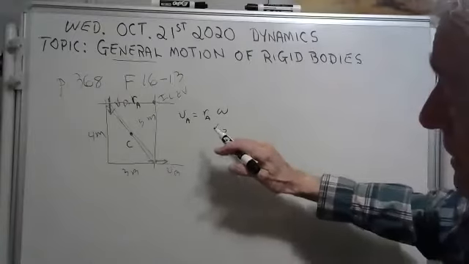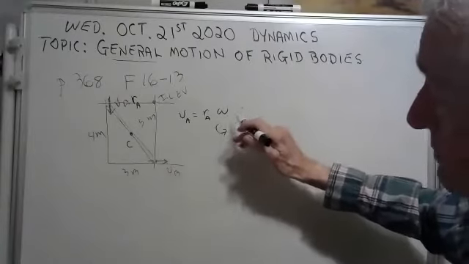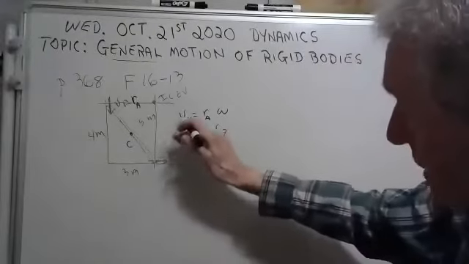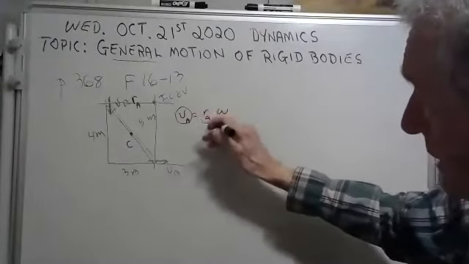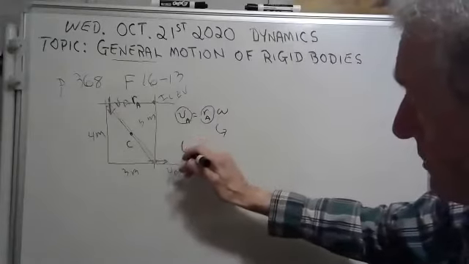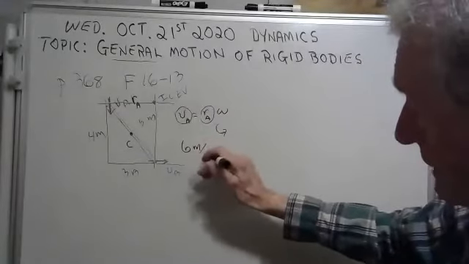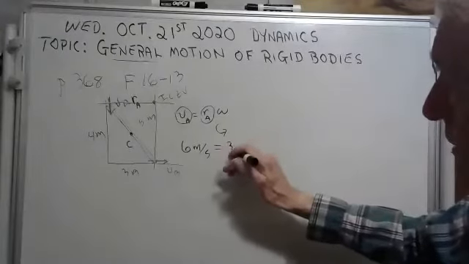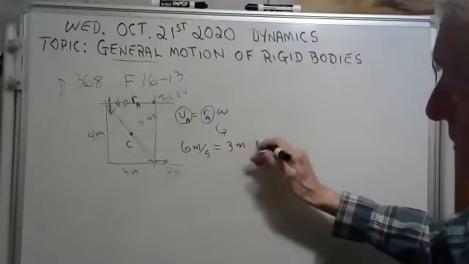Okay. And this is equal to, let me read this. They gave us this, and they gave us this. Look here. This is 6 meters a second. That's given. This is 3 meters. That's given.